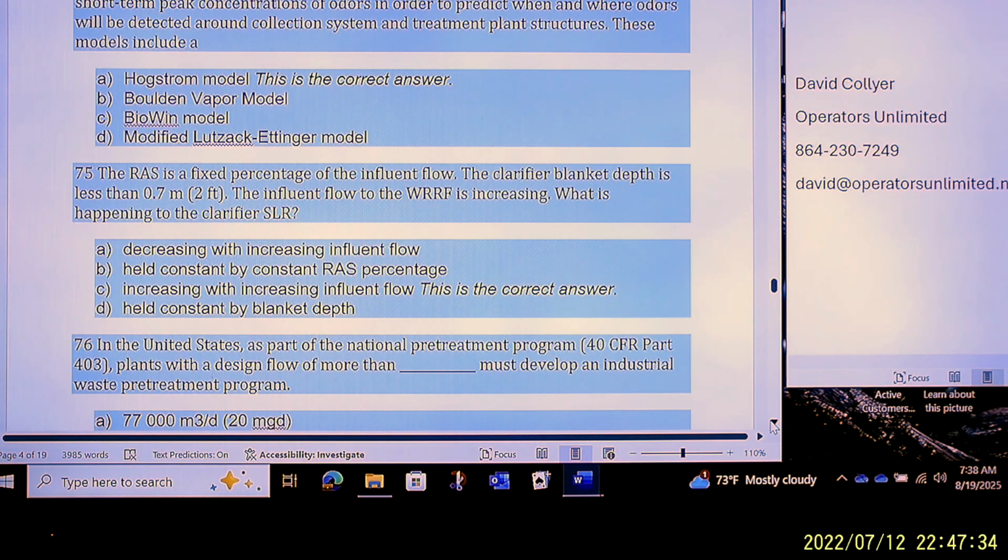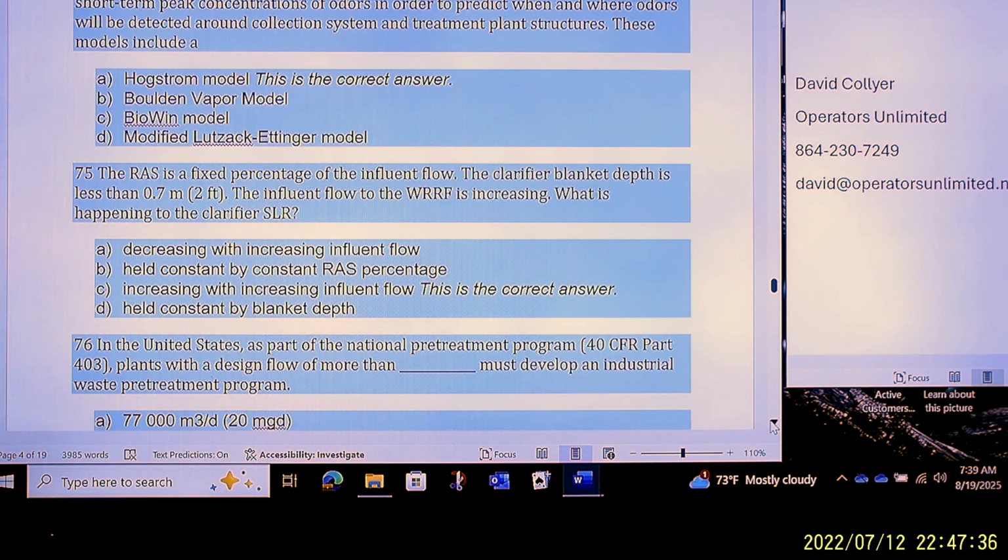Number 74. There are several odor models that can be used to simulate the dispersion of short-term peak concentrations of odors in order to predict when and where odors will be detected around collection systems and treatment plant structures.